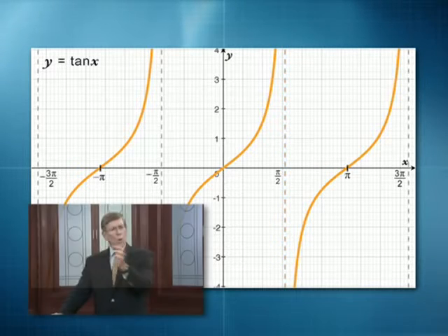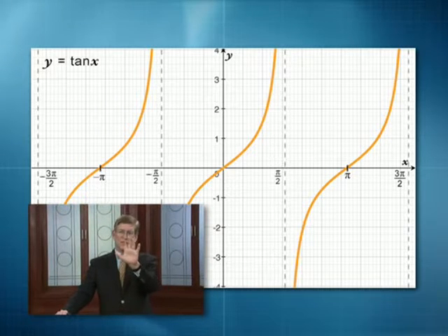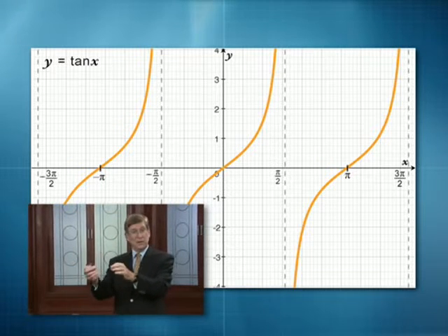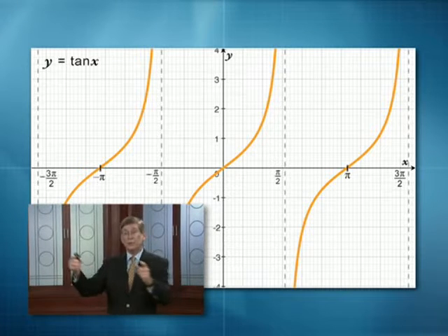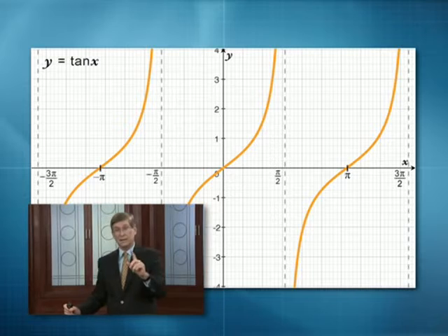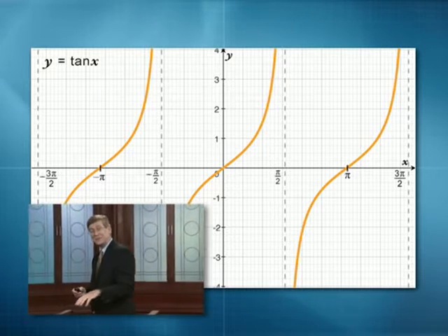What's the period of this function? Well, look, it's got these chunks, these pieces, and they seem to repeat. Well, one of them is from minus pi over 2 to pi over 2. That's length pi. And then it's repeated. So the period here is pi, not 2 pi like sine and cosine, but rather pi. Isn't that interesting?